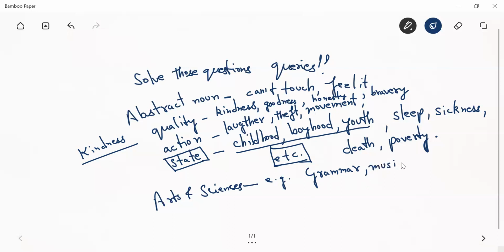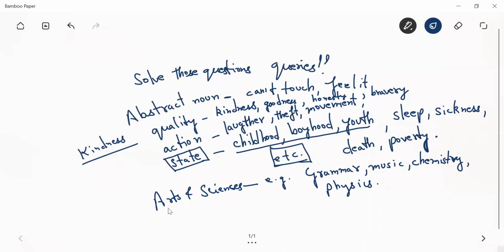Then arts and sciences. In arts, grammar, music, and in sciences, what will come? Chemistry, physics. These are sciences, right? Science is one subject which you all study in your classes. When you go to upper classes, science gets divided into physics, chemistry, and maths. That all comes under science.